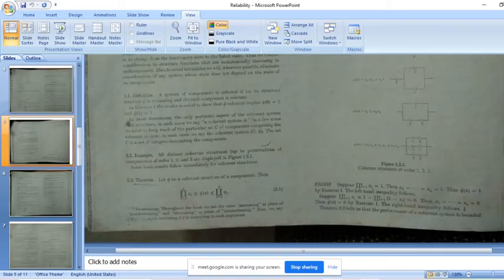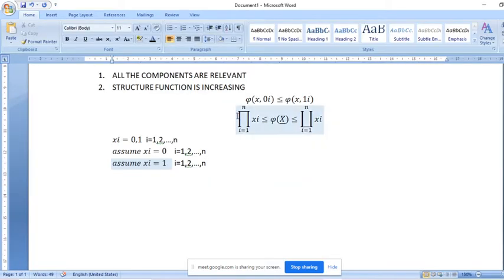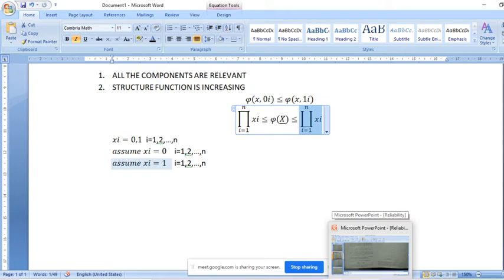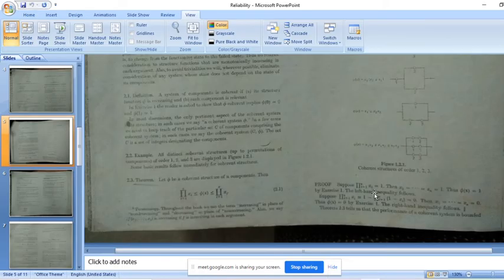But we have another situation, that is here we have mentioned if product xi equal to 1. Suppose that product xi equal to 1, then automatically phi of x will be 1 and the union will also be 1. That happens when all xi's are 1. When all xi's are 1, product xi is 1, automatically phi of x will be 1.